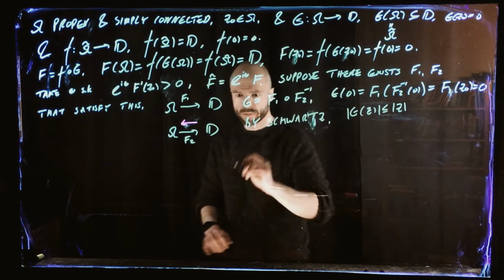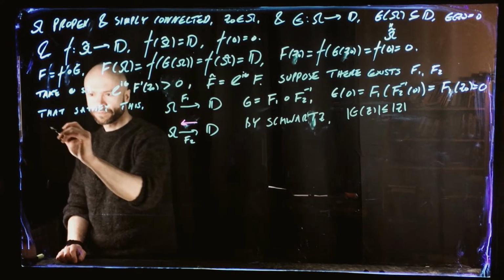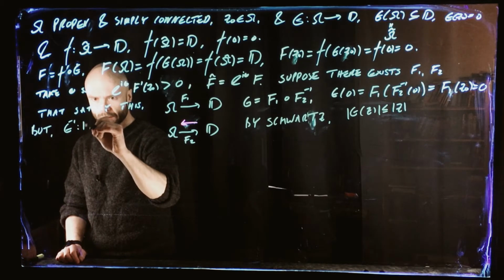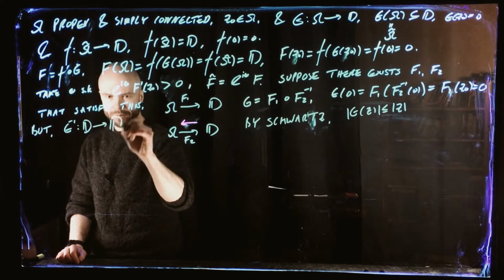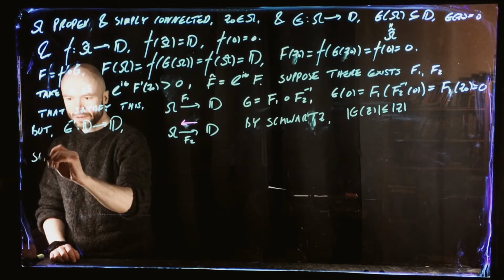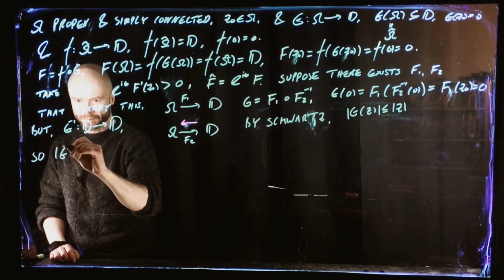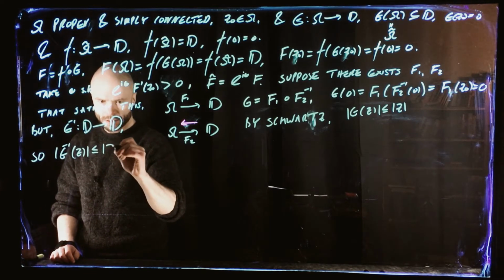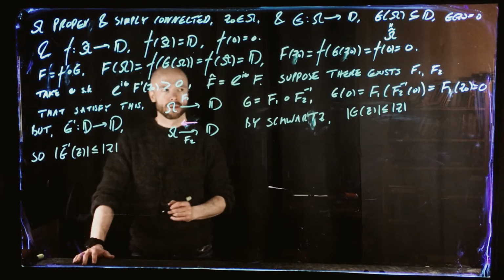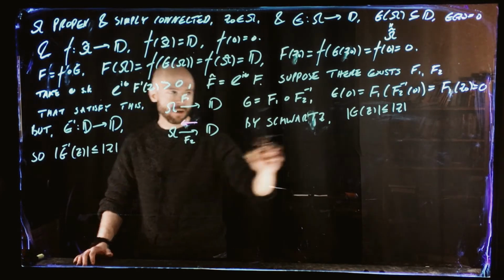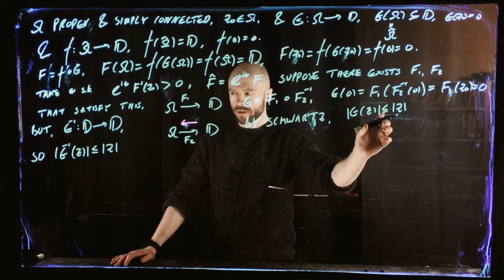But g to the minus 1 is also a diffeomorphism that fixes 0. So we also have that g to the minus 1 of z is less than or equal to the absolute value of z. And these two things together mean that distances have to be preserved, right?